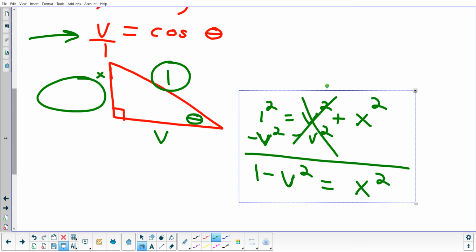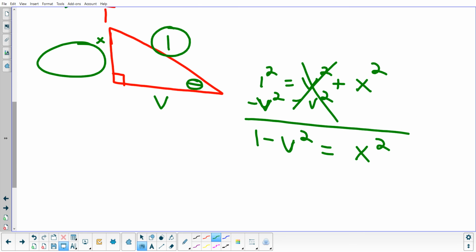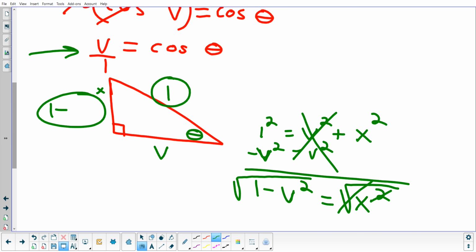What function cancels out squaring? The square root. Take the square root of what's on the left and the right, square and square root cancel, and you get x equals the square root of 1 minus v squared.